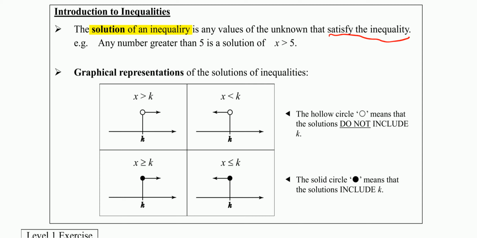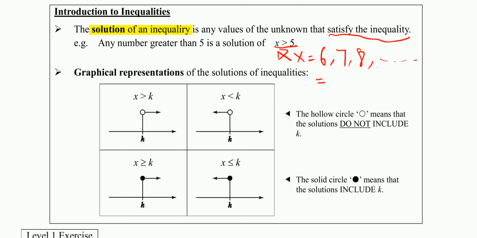So, for example, in my notes, there is an inequality x greater than 5, and you can put in any value such as x is 6, x is 7, 8, and so on.